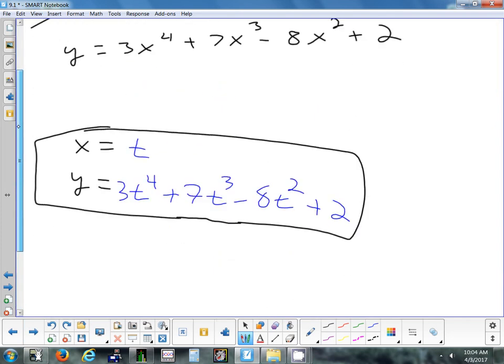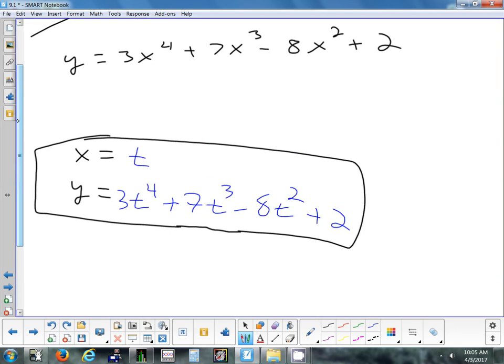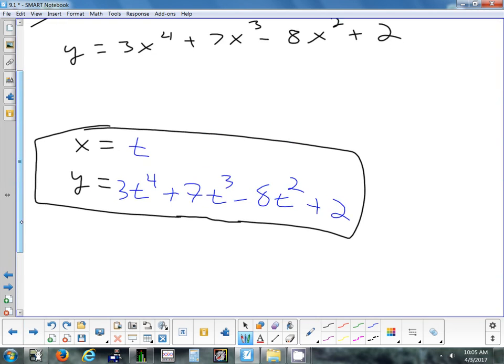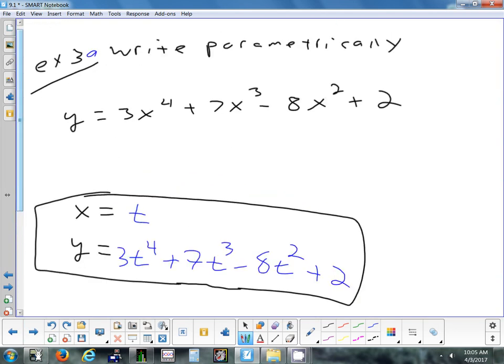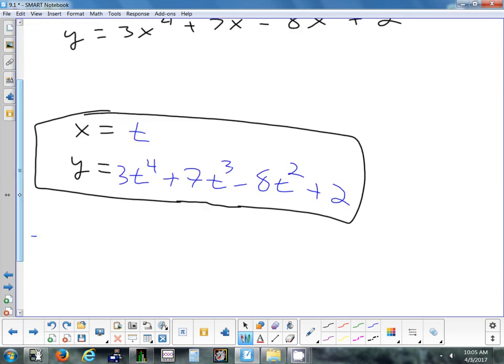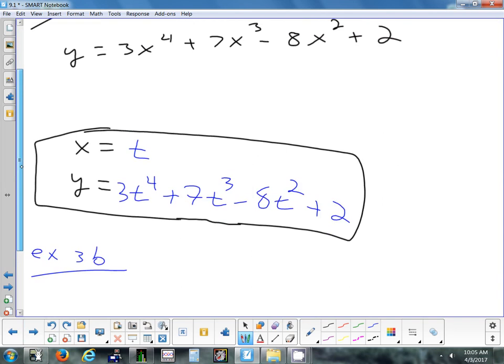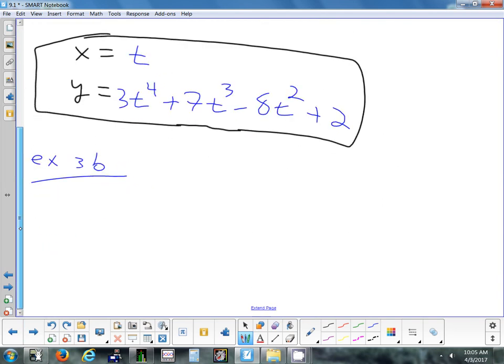So let's try a different one. Does everybody have the original? Let's do a simpler one.